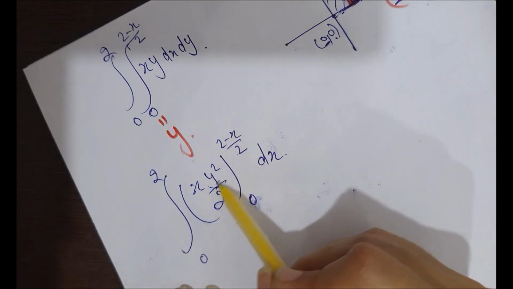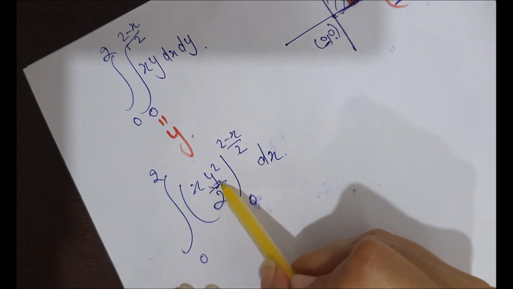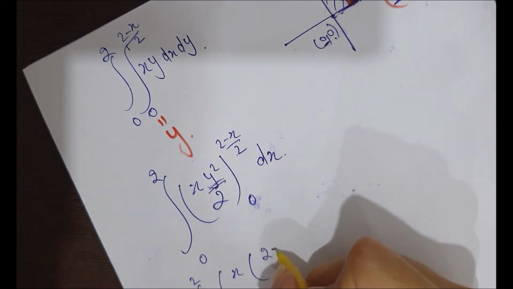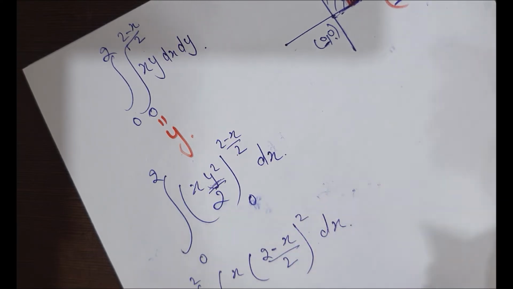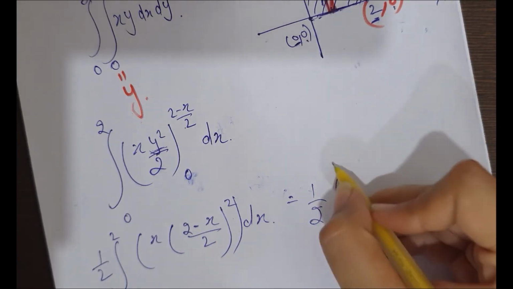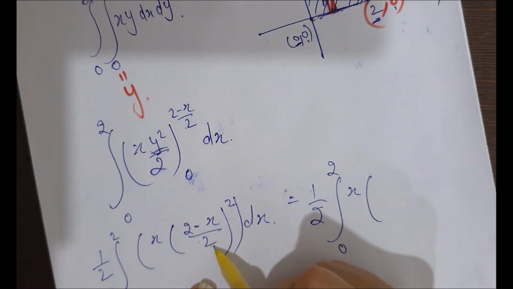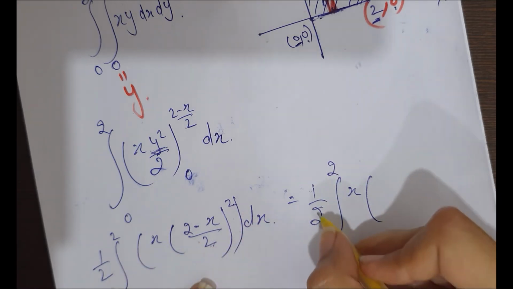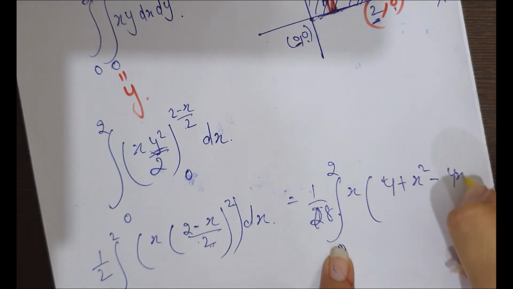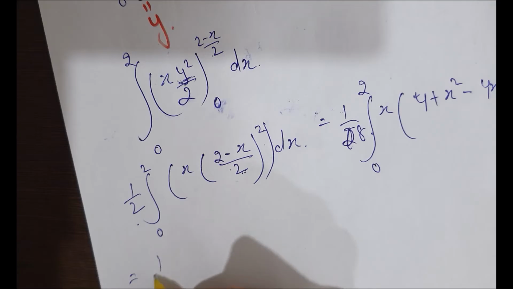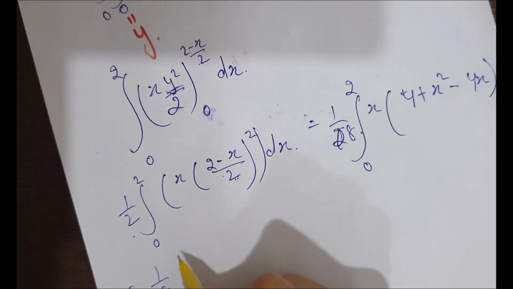Now put the limits in place of y because we have integrated with respect to y. Two squared will be 4. Take 4 outside. Now solve this.